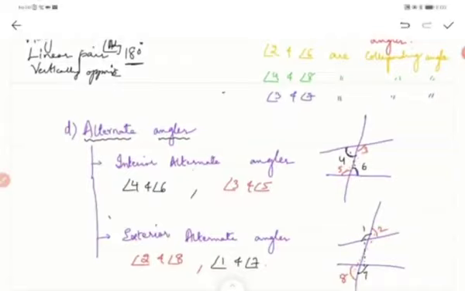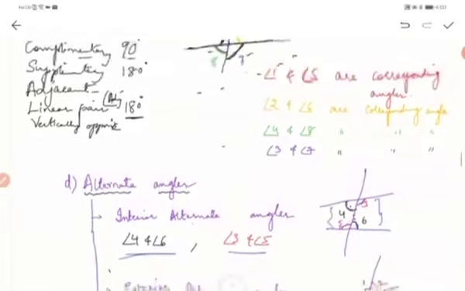These are alternate angles, isn't it? And 3 is alternate to 5. Interior alternate angles means the alternate angles which are inside. 4 and 6 are alternate angles. The pair 3 and 5 are a pair of alternate angles which are inside.